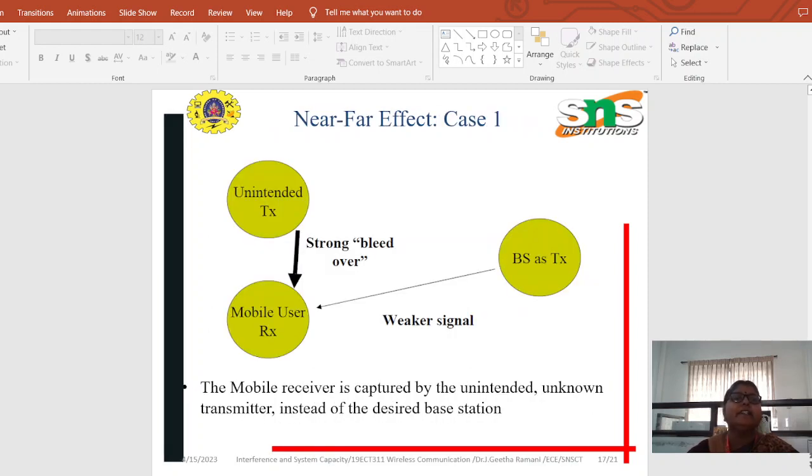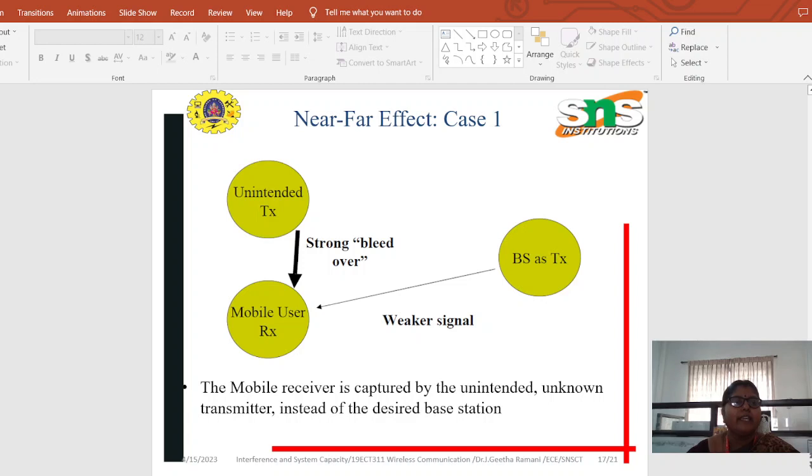Suppose consider here, this is your base station acting as a transmitter. This is your mobile user, which is nothing but a receiver, whereas this is the expected base station and this one is the unintended or unexpected transmitter. But your mobile receives the strongest signal from this unintended transmitter, instead of the weaker signal from the expected transmitter.